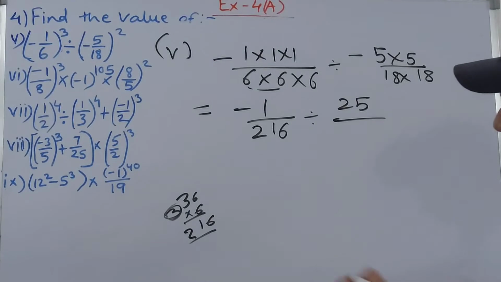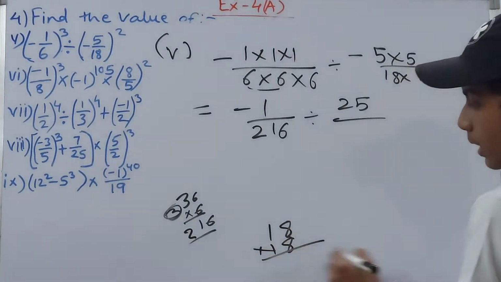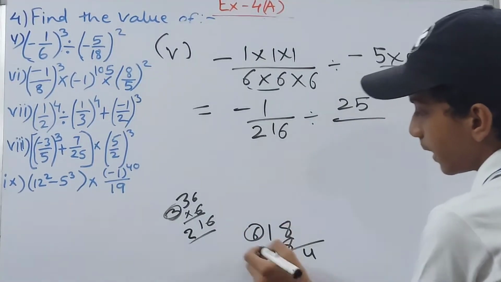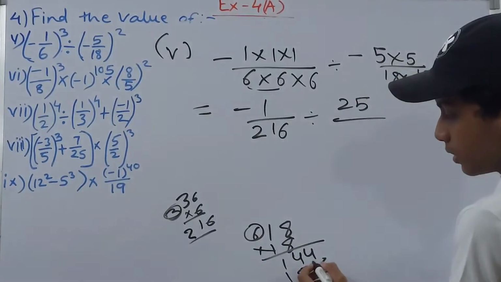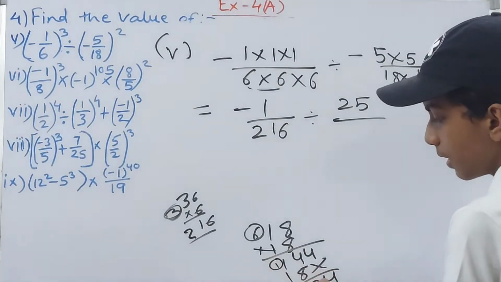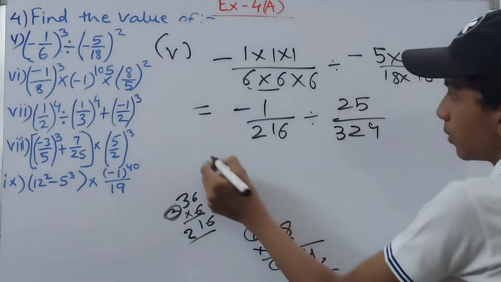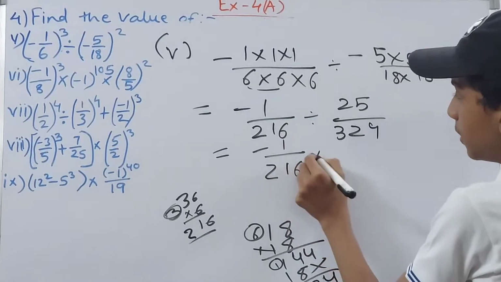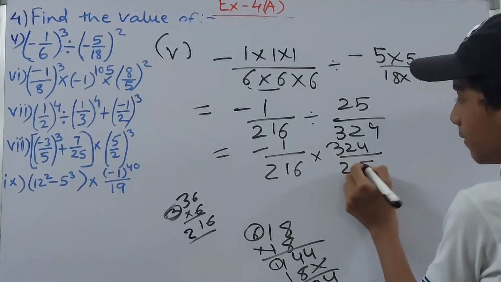Then 18 into 18, let's solve this as well. 8 6s are 48 and 1 is 324, right? 324, okay. So this will be minus 1 upon 216 into this 324 upon 25, right?